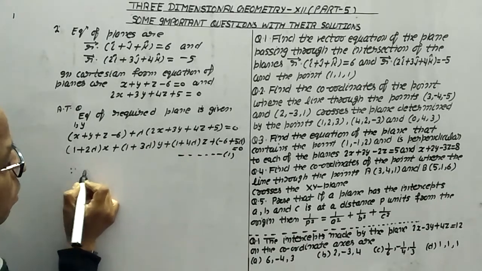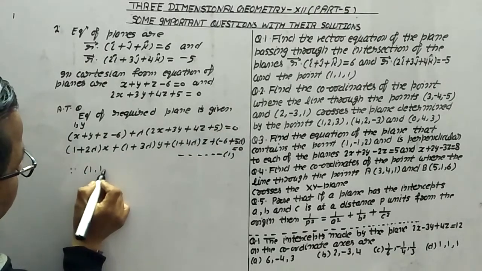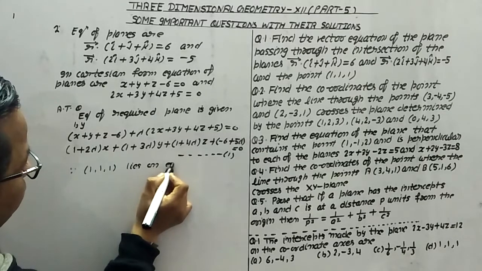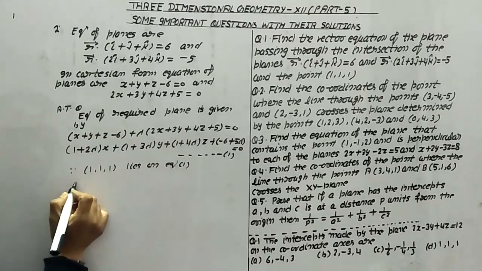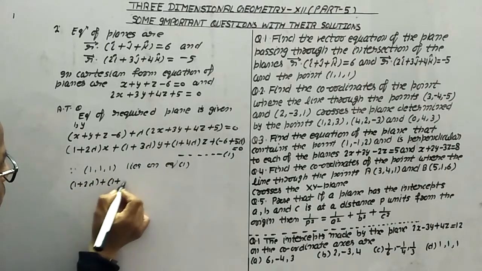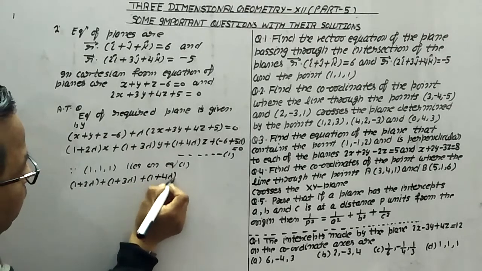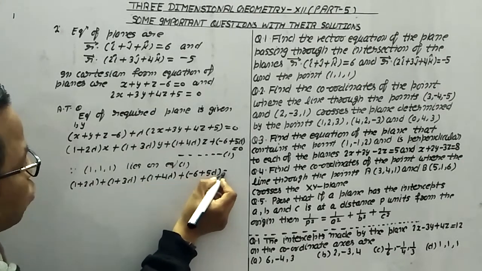Now you will say, because this plane passes through the point (1, 1, 1), it means (1, 1, 1) lies on equation 1. So substitute the values here. This becomes (1 + 2 lambda) + (1 + 3 lambda) + (1 + 4 lambda) + (-6 + 5 lambda) = 0.